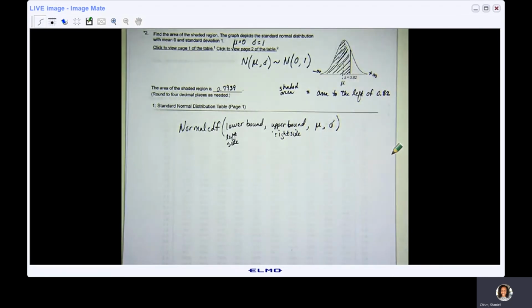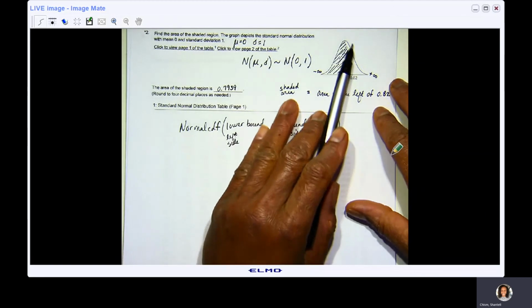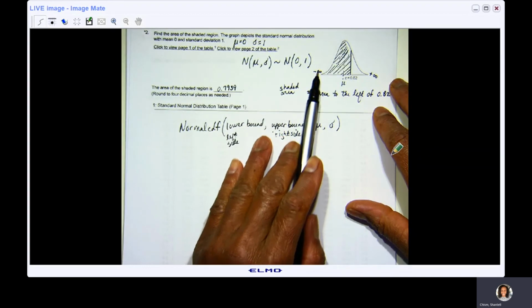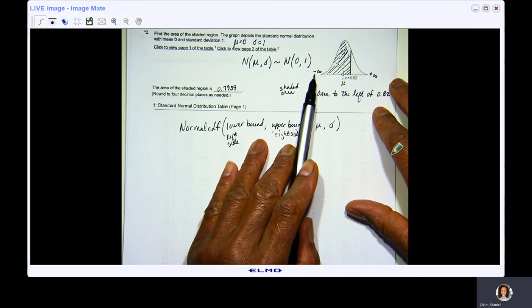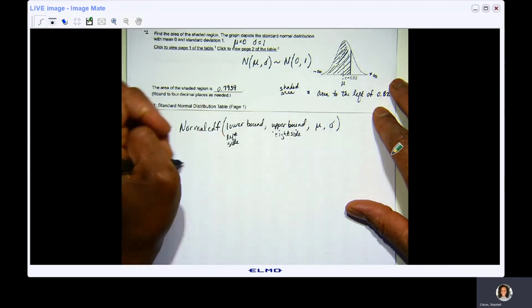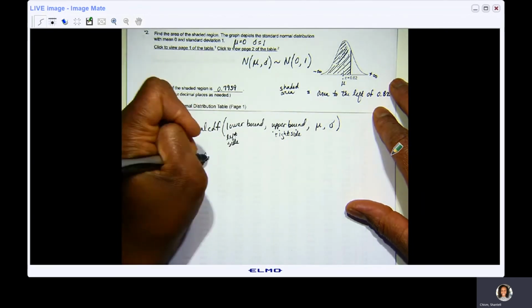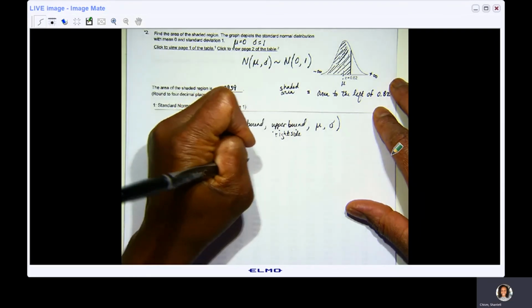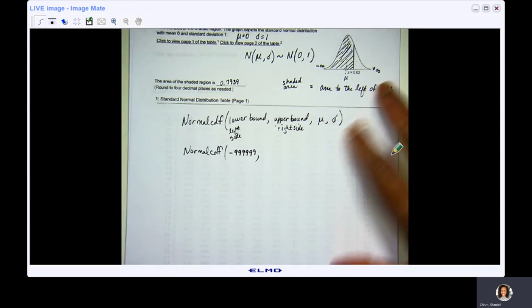So for this particular region, it's shaded to the left. So from 0.82 all the way to the left tail is where we're headed. So this left tail end is your lowest bound. That negative infinity is your lowest bound. What we're going to do is use negative 99999, maybe about 5 or 6 nines, to represent negative infinity.